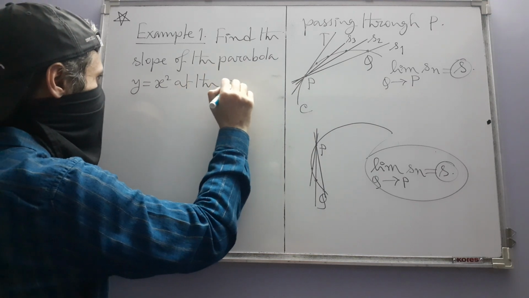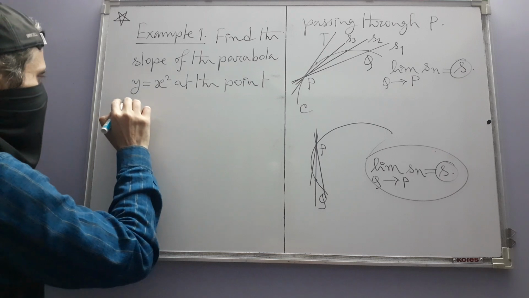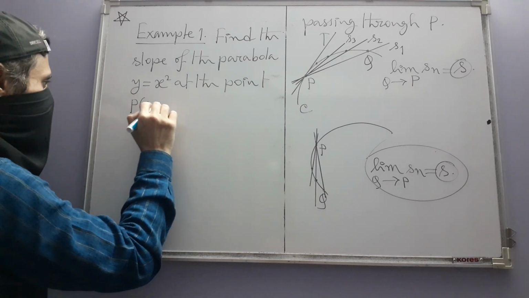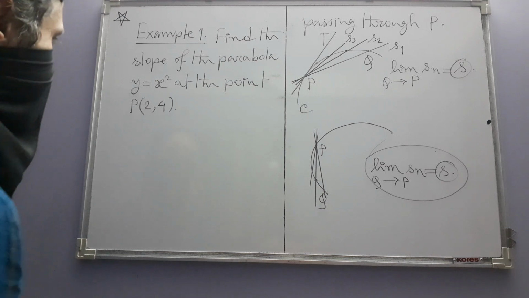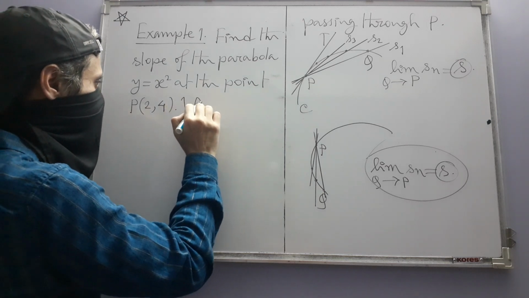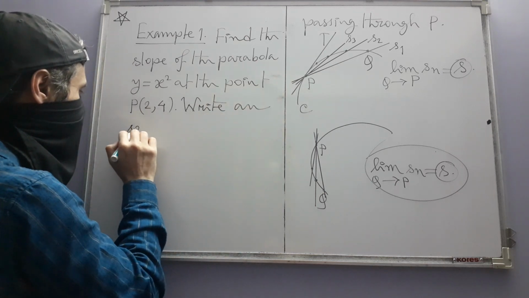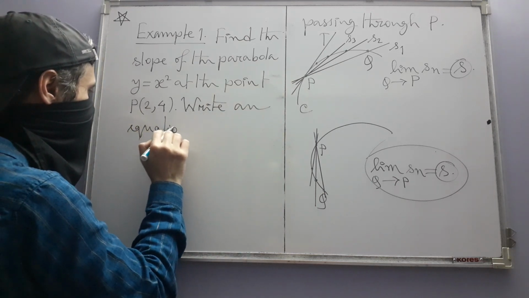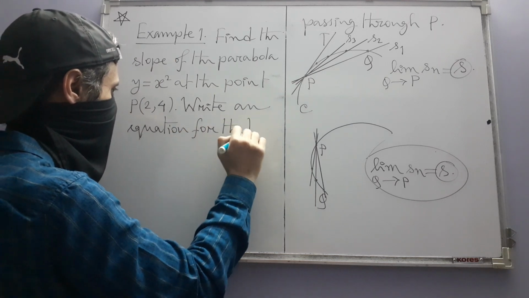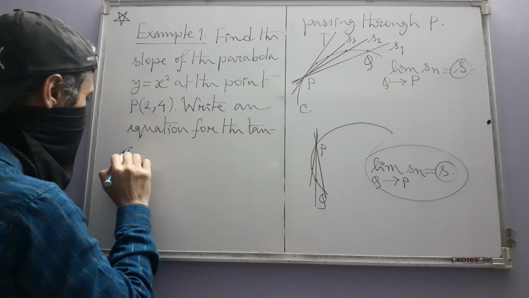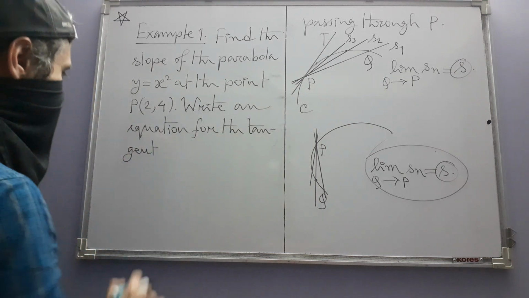At the point P(2, 4), write an equation for the tangent to the parabola at this point.